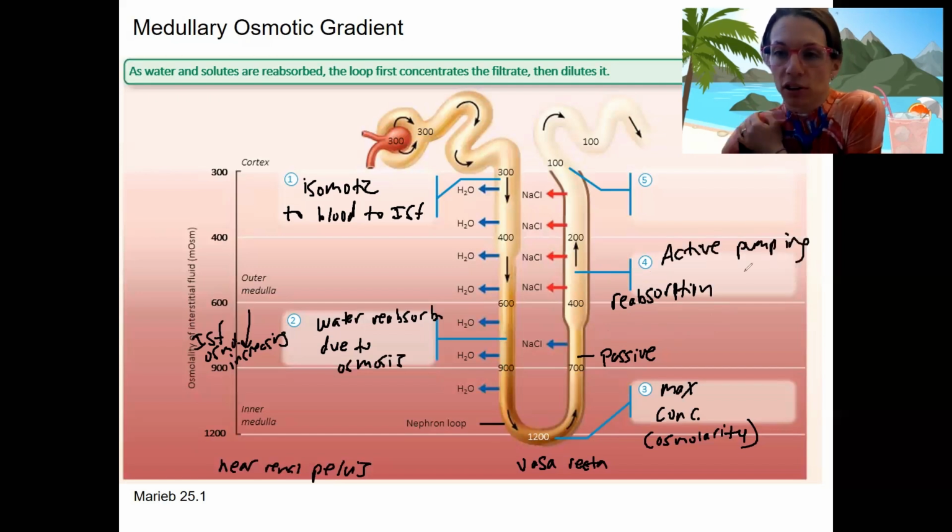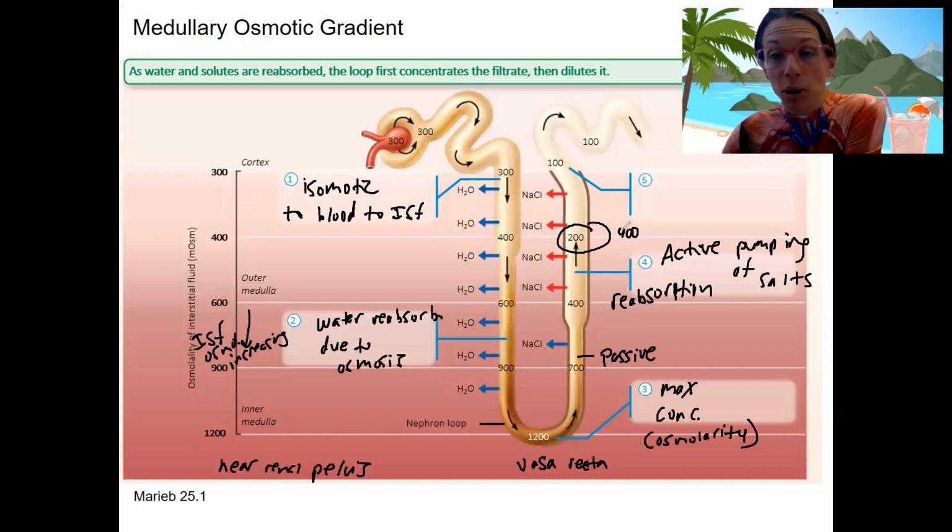Active is pumping, right? That's a redundant thing to say, of salts. So the sodium, chloride, potassium, that's how we get an osmotic pressure, an osmolarity in this filtrate that's lower than the ISF, right? Right here is just 400. How can it be lower in here than it is out there?